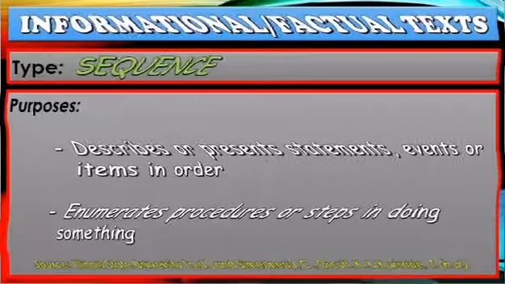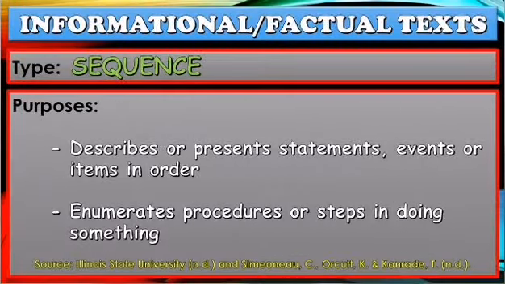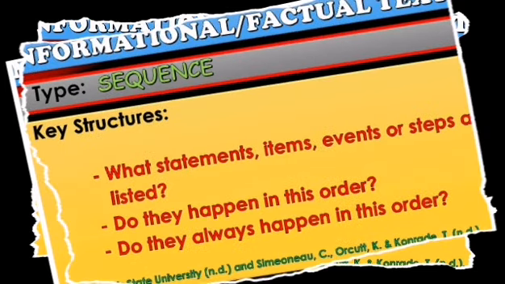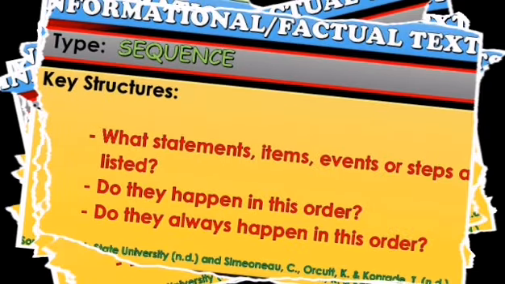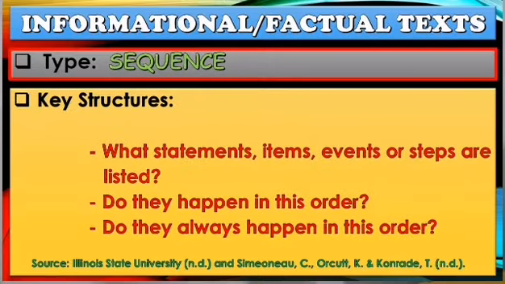Next, we have sequence. The purpose is to describe or present statements, events, or items in order, or enumerate procedures or steps in doing something. And for the key structures, we have to consider these questions. What statements, items, events, or steps are listed?